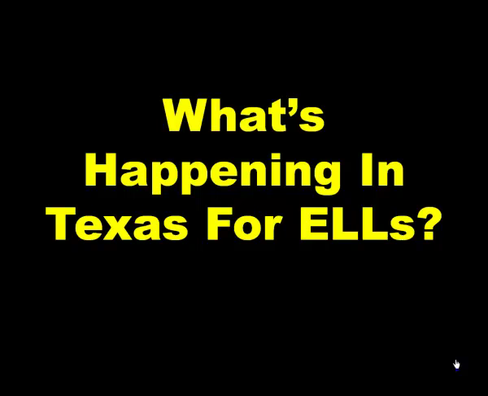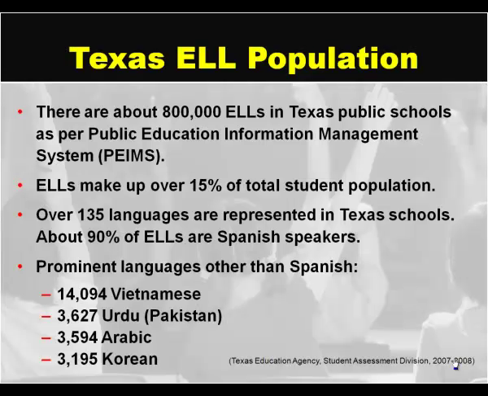What's happening for the Texas ELLs? Here are the statistics for ELLs in Texas. There are about 800,000 ELLs in Texas public schools, as per the Public Education Information Management System.